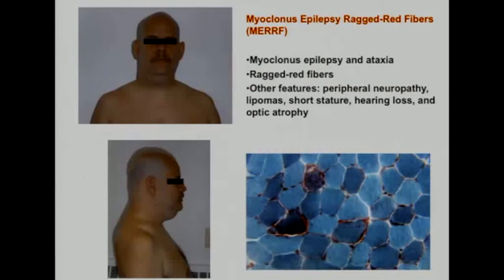These patients often have multiple lipomas. It's a disease characterized clinically by myoclonus, epilepsy, and ataxia, and they always have ragged red fibers. They may have other manifestations besides the lipomas. Okay.